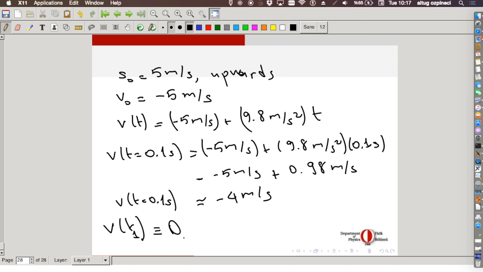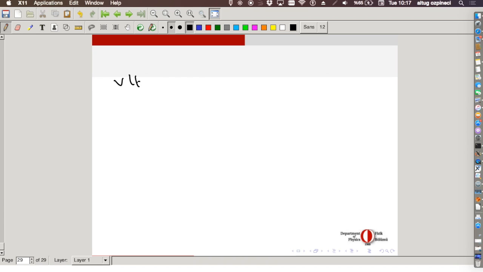So what is t1? Now, we know the velocity as a function of time. We had calculated it to be v0 plus g of t. And v of t1 will be just v0 plus g of t1, which should be equal to 0. So this tells me that t1 is equal to minus v0 over g.